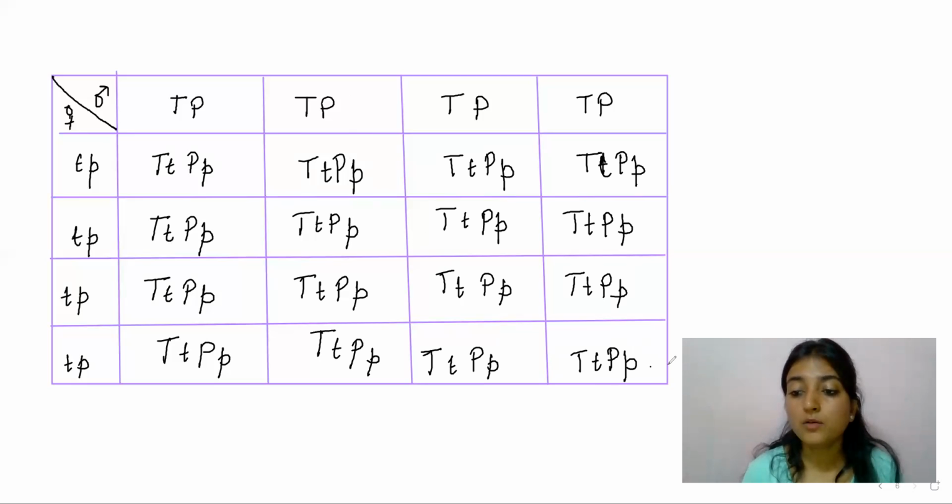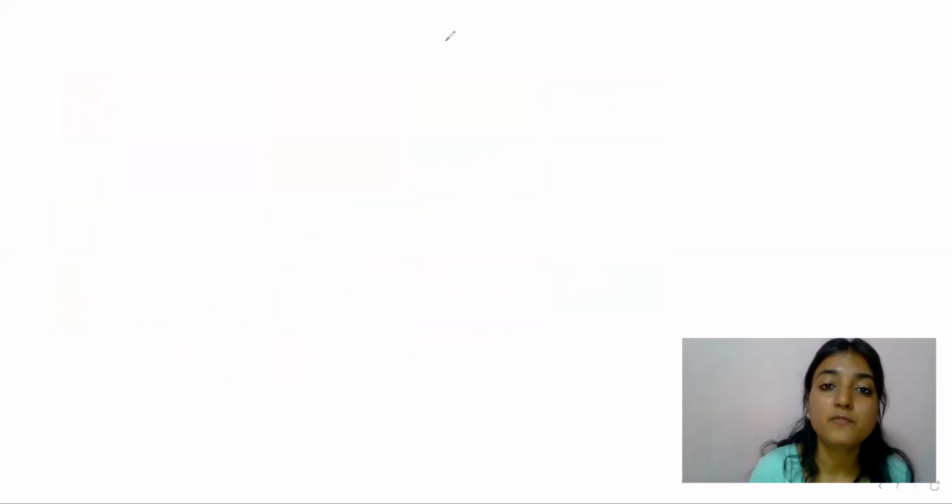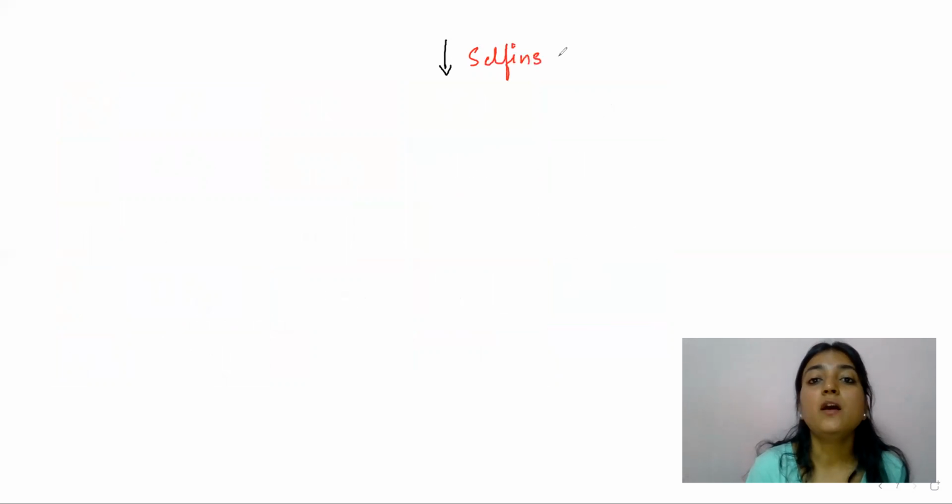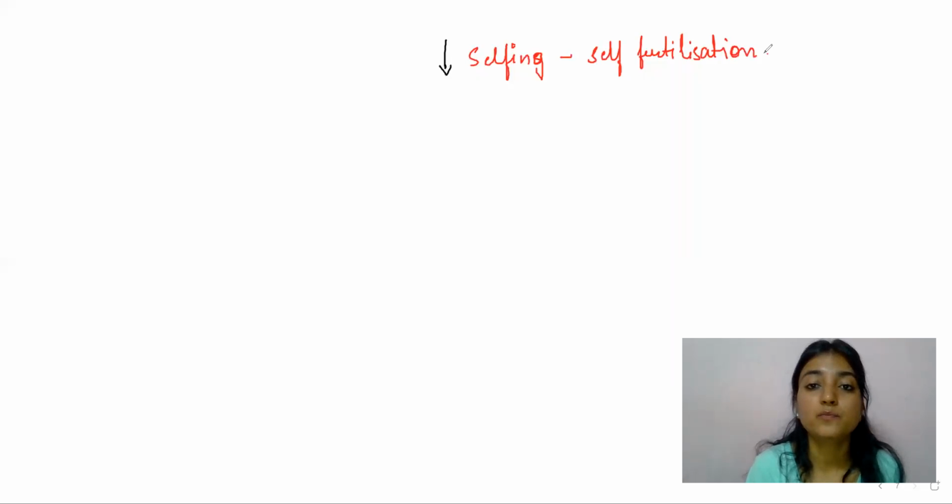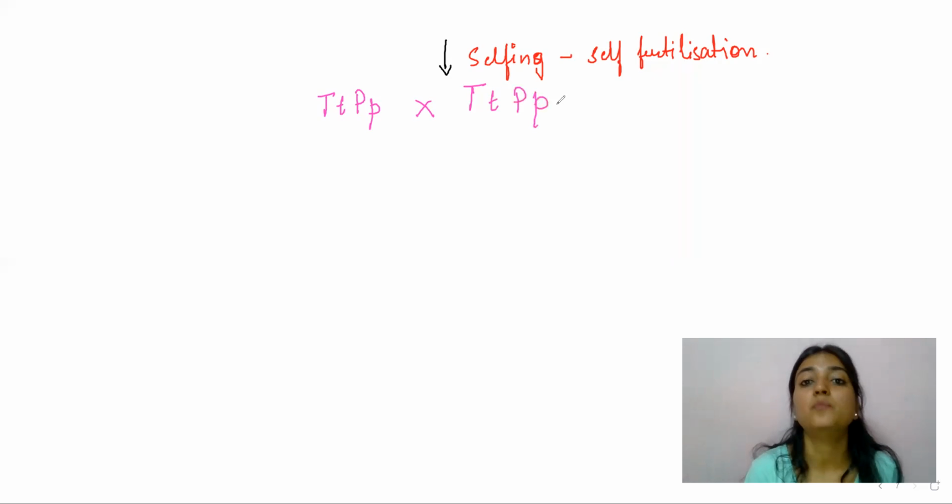Now we will do selfing of the offspring. Selfing means we are doing self fertilization here. So the possible genotype we got was capital T, small t, capital P, small p, and it will be crossed with capital T, small t, capital P, small p.